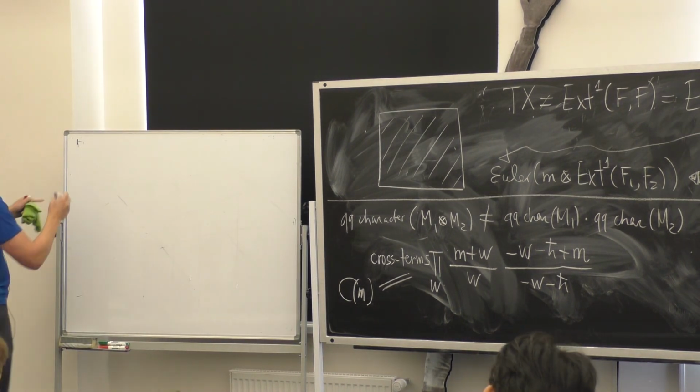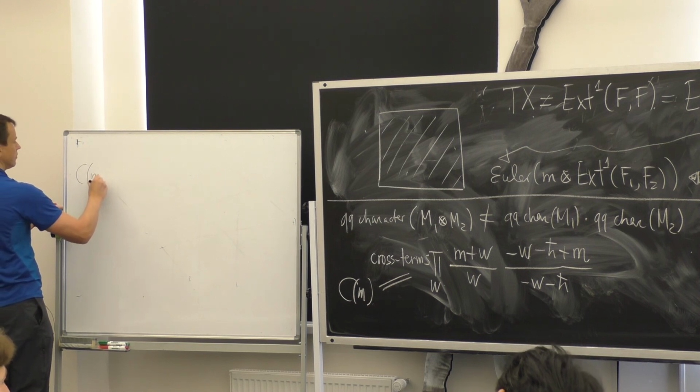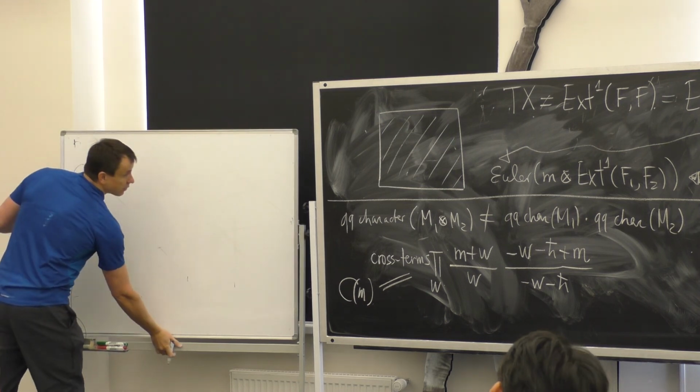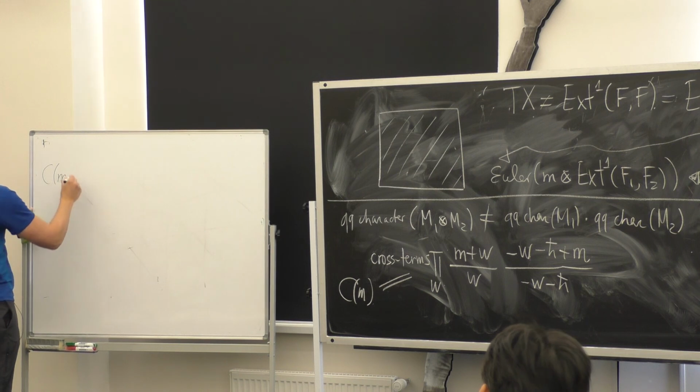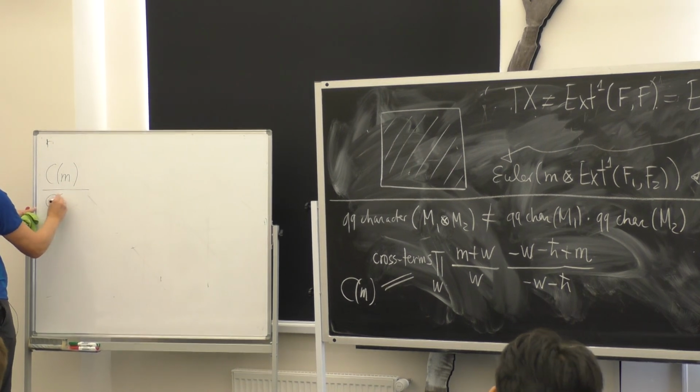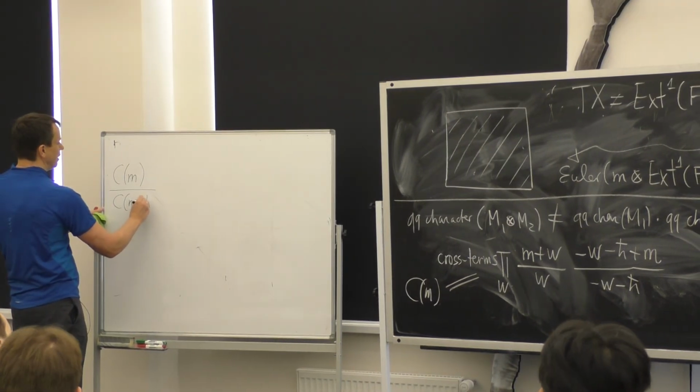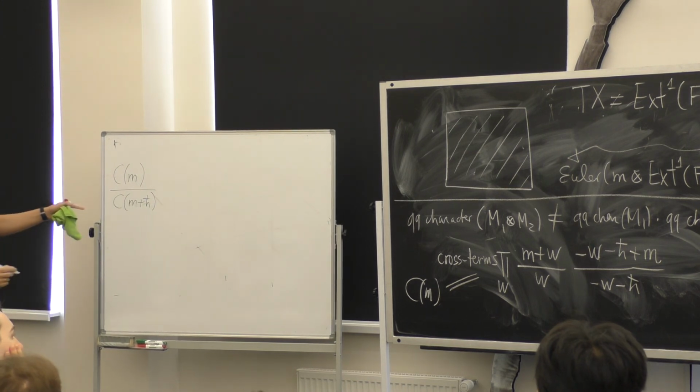So if I take C of m and divide by C of m plus h bar, what am I going to get?